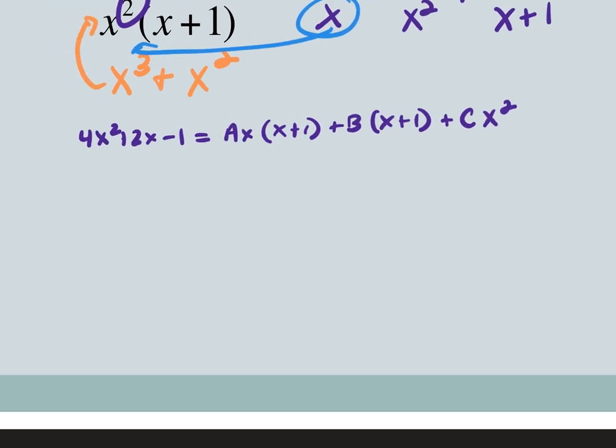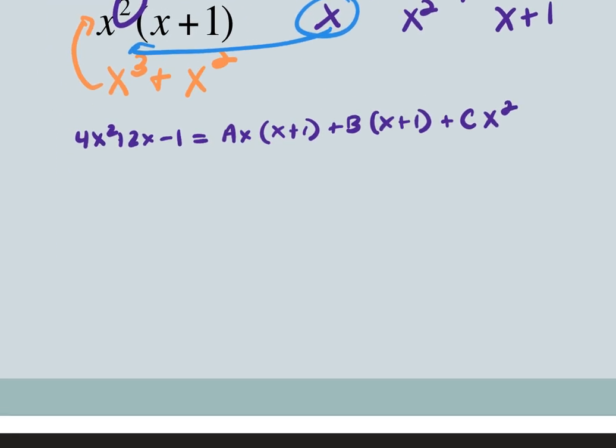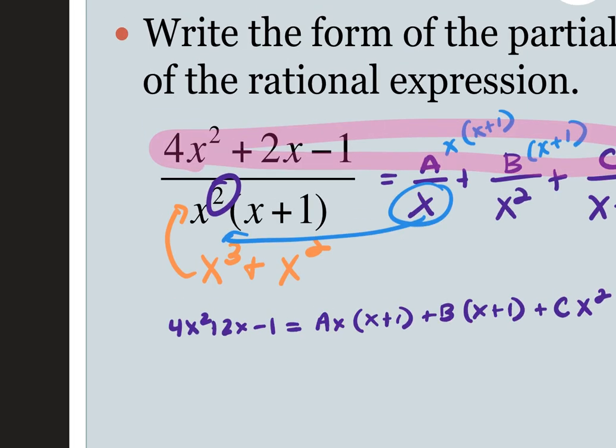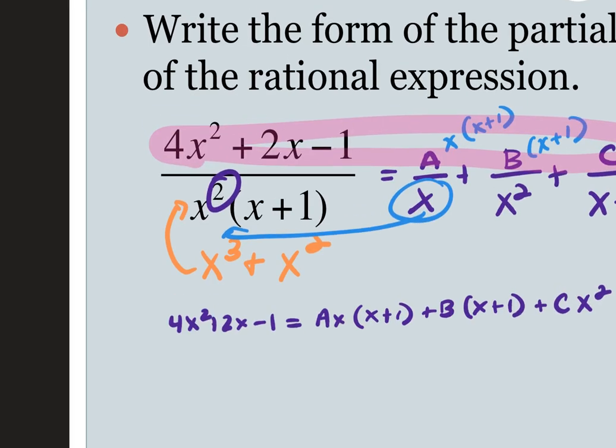So now look here, right? Look at what we just built. Think about how we would normally do this. The easiest way is to figure out what to plug in that would make them zeros. So if I had done that from the beginning, what would make these factors 0? This would be 0, and this would be -1.